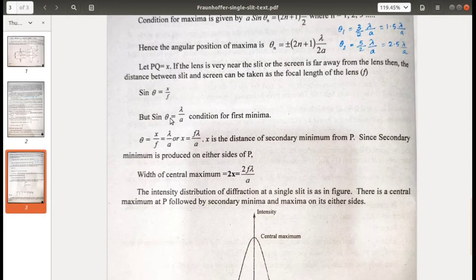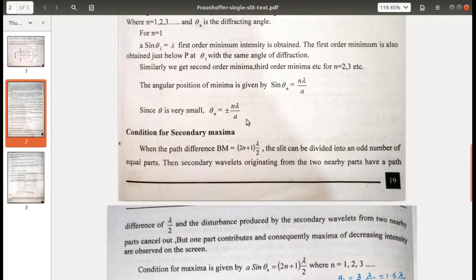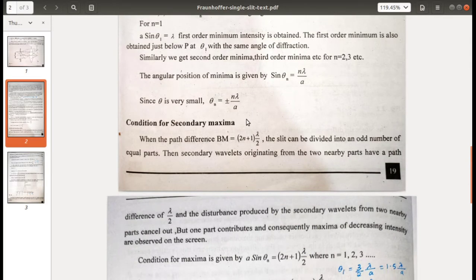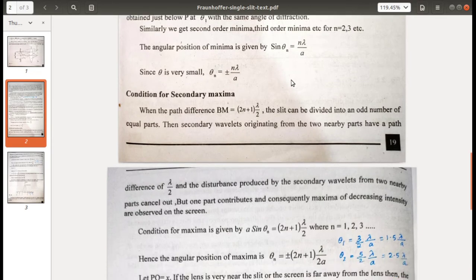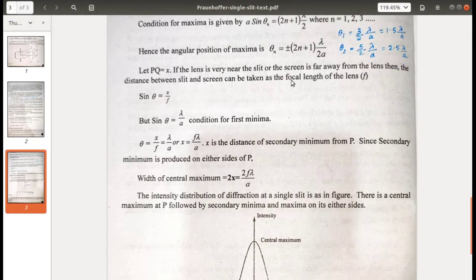But from the previous expression we can write lambda by a is the condition for first minima. Sin theta is equal to n lambda by a. For n is equal to 1, sin theta is equal to lambda by a.